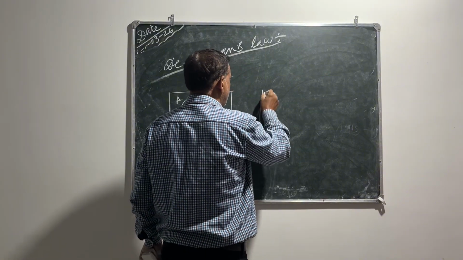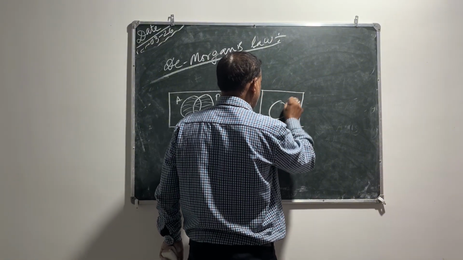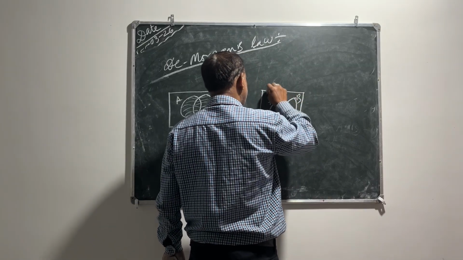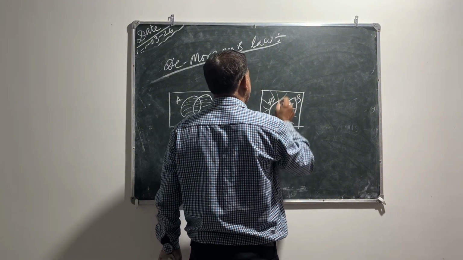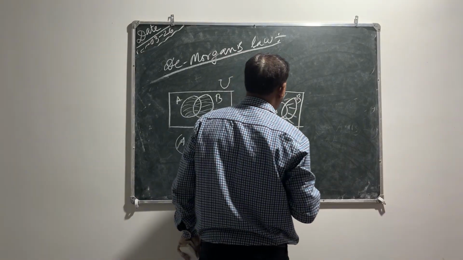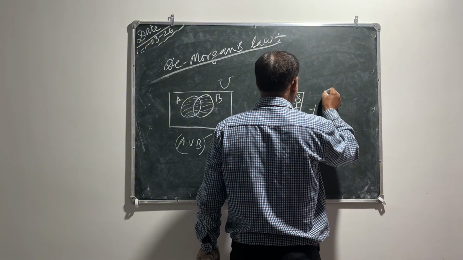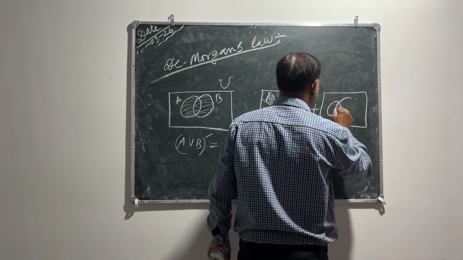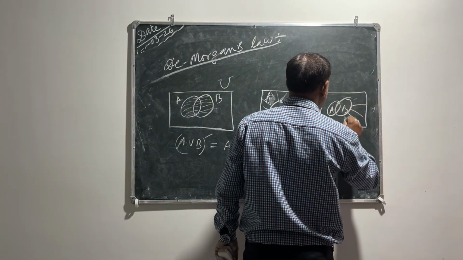If we want to show them, A and B: the complement of A is this region. Two sets A and B, the complement of B will be this one.